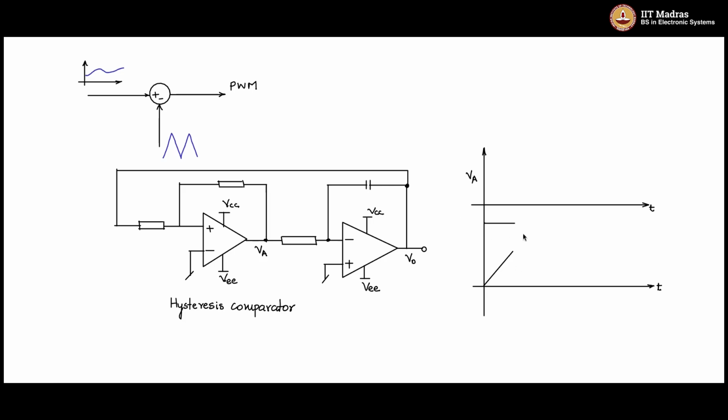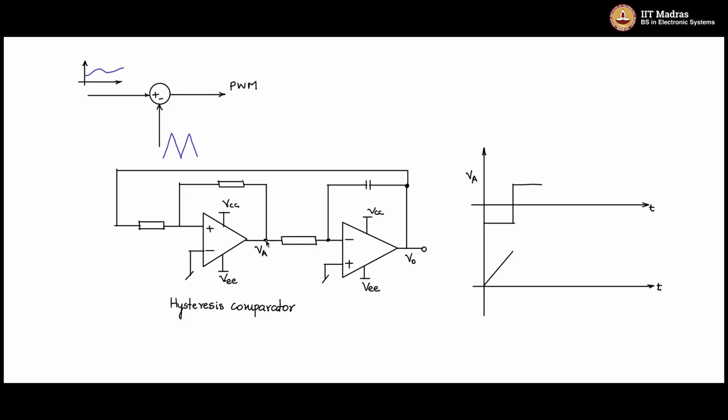It keeps increasing, and at some point it has increased to some value. This is still negative, since this point is the superposition of the negative voltage and the positive rising signal. At some point it will cross 0. When it crosses 0, this will switch, and VA will go positive.